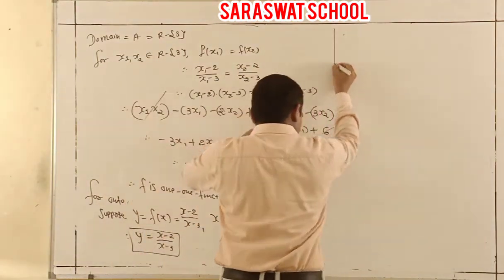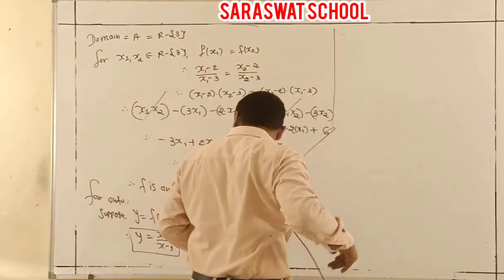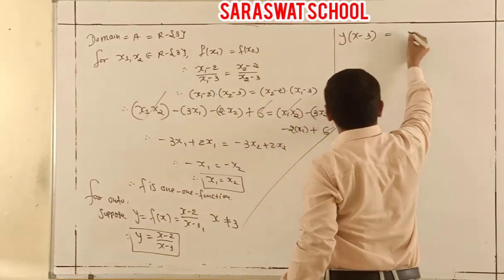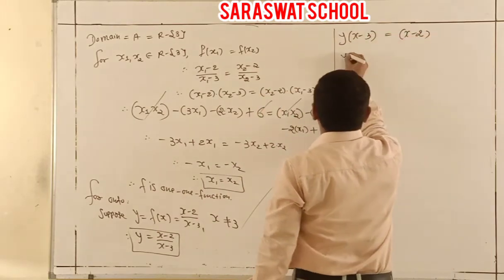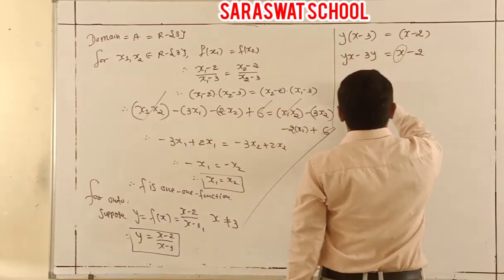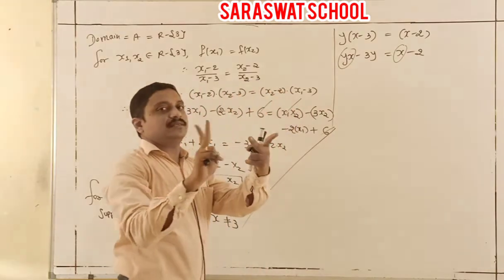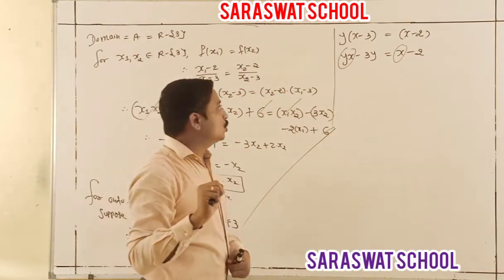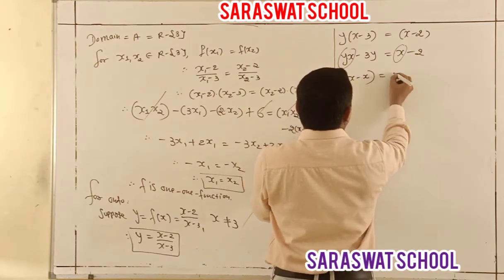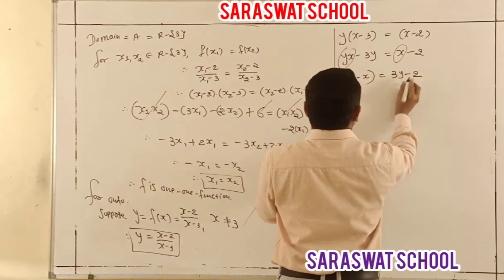I just define the values of x separately in terms of y. So here y times (x minus 3) and your x minus 2 are the same. So yx minus 3y equals x minus 2. Look at that, I bring this x and this x to the same side. So what are you getting? yx minus x is equal to 3y minus 2, x common.